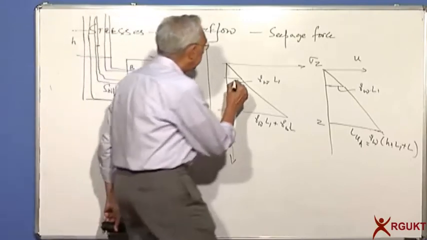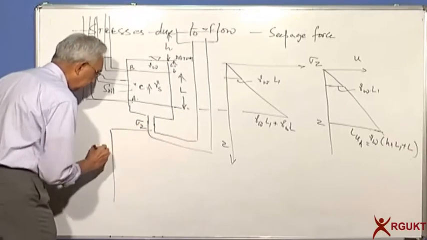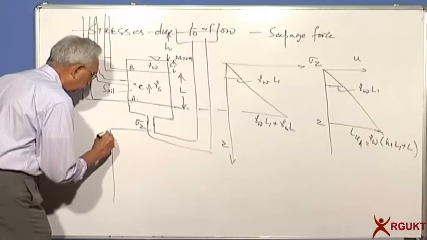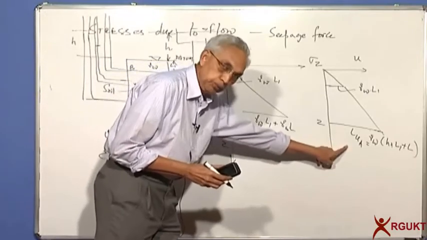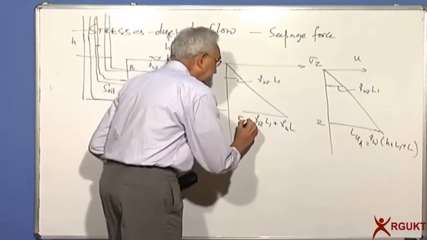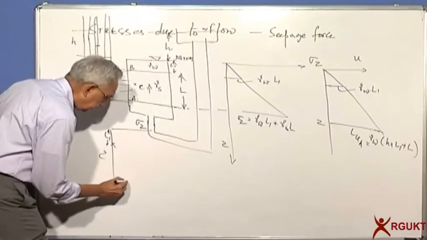Please remember these two are equal, so the effective stress will be 0 up to a depth of L1, and it will be the difference of these two. Total stress, this is equal to sigma z, and this is the pore pressure.